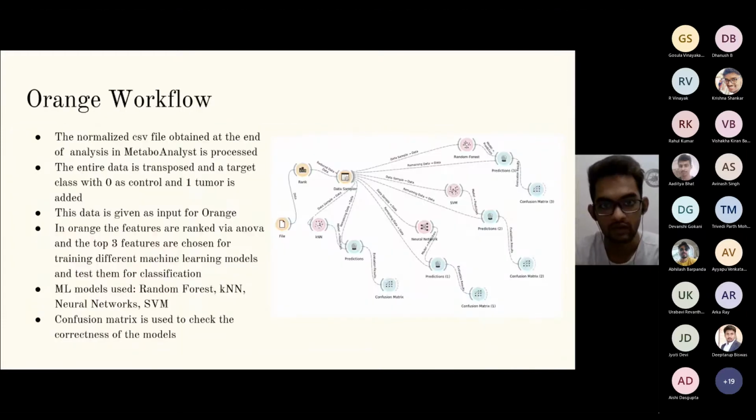So in order to perform the analysis using machine learning, I used the Orange workflow, and for this Orange app, the input is the normalized CSV file that was obtained at the end of analysis from MetaboAnalyst.